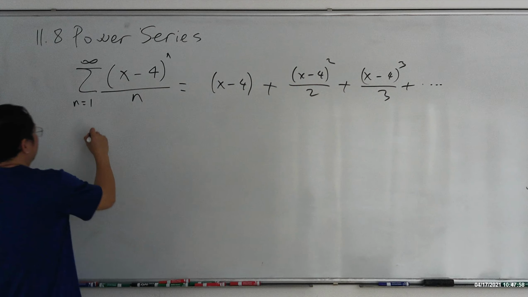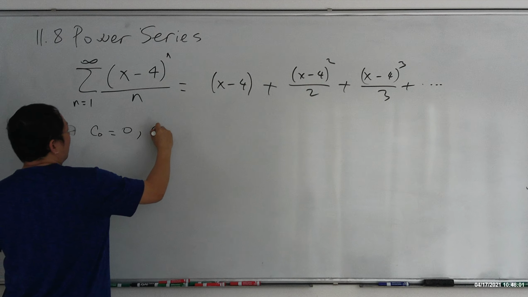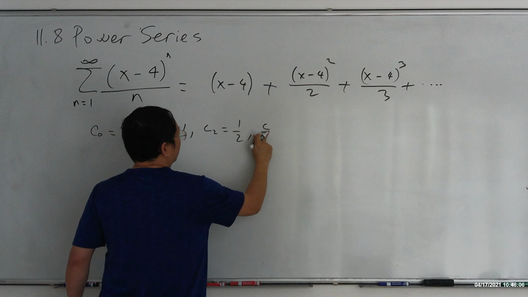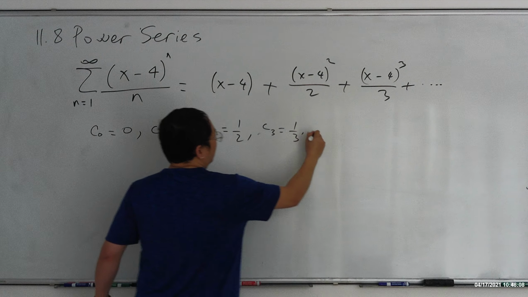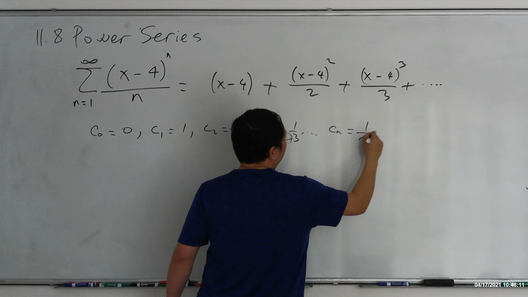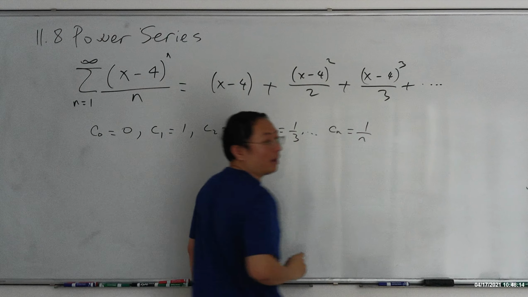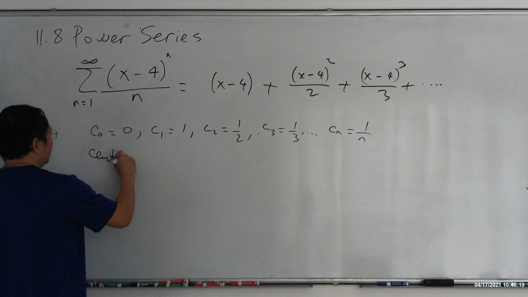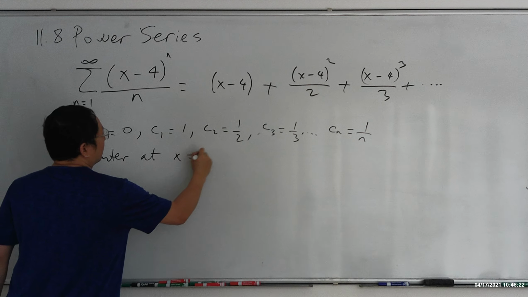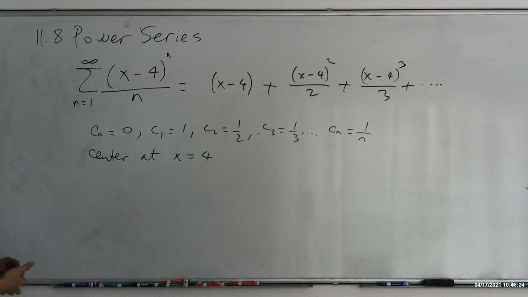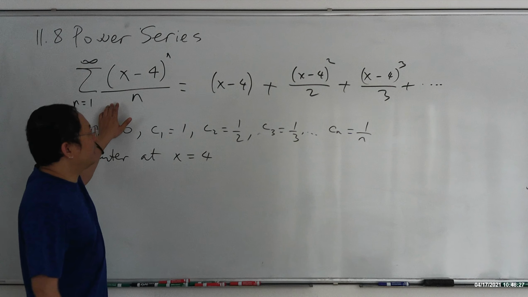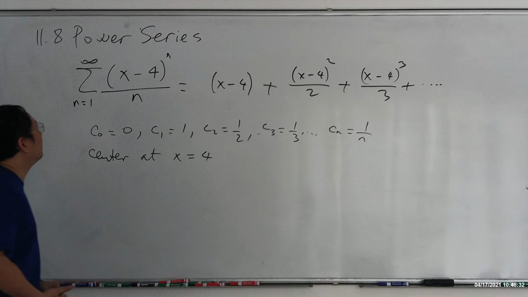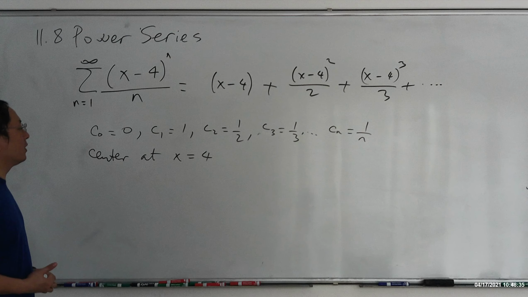In here, C0 is equal to 0, C1 is equal to 1, C2 is equal to 1/2, C3 is equal to 1/3. So in general, Cn is equal to 1 over n, starting from 1. The center is at x equal to 4. You know for sure that when x equal to 4, the series is convergent. All the terms equal 0, so adding all the zeros, the series is equal to 0.